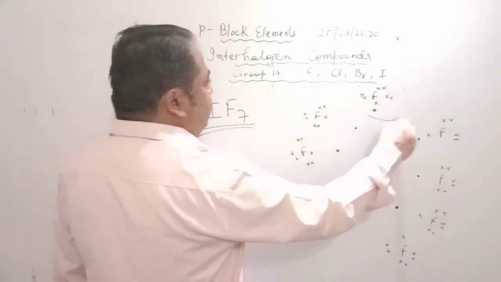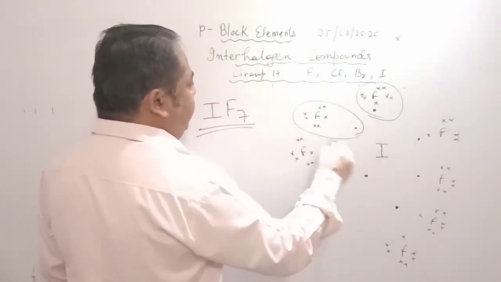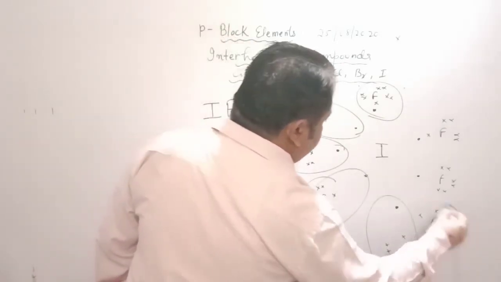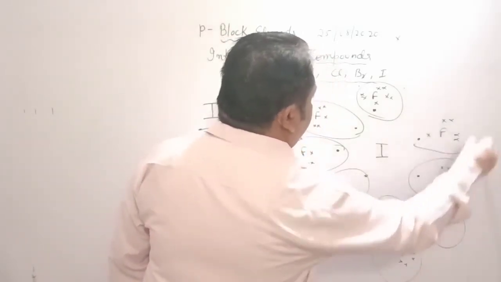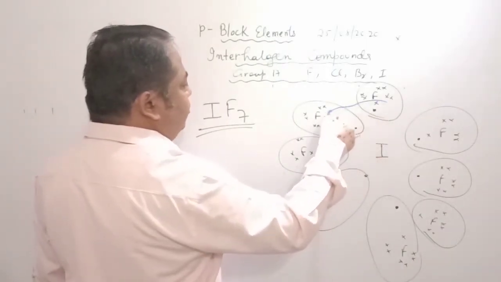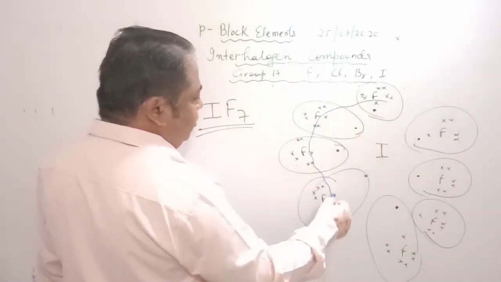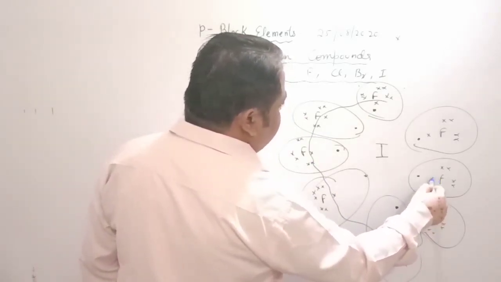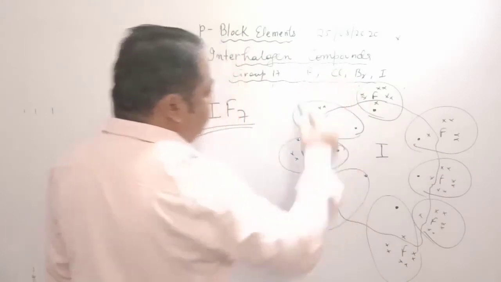They will pair up. It will form octet for each fluorine, and iodine will follow the extended octet rule. You know, extension of octet rule you have studied.